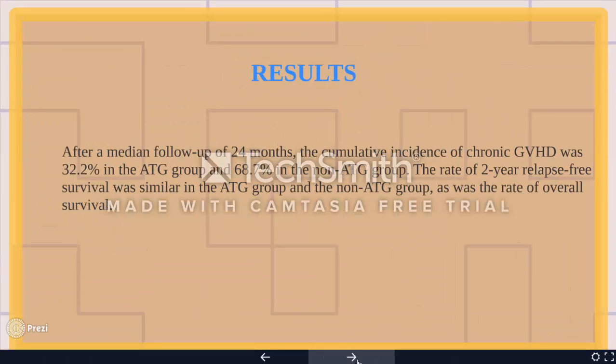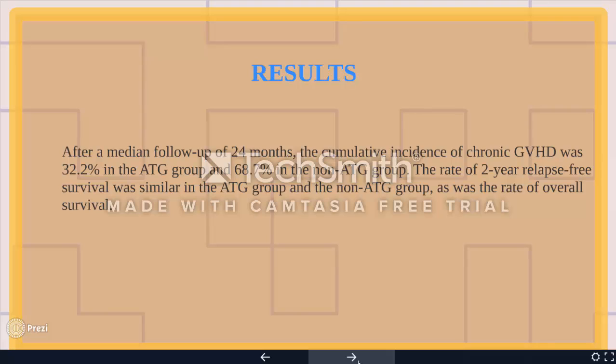Results. After a median follow-up of 24 months, the cumulative incidence of chronic GVHD was 32.2% in the ATG group and 68.7% in the non-ATG group.